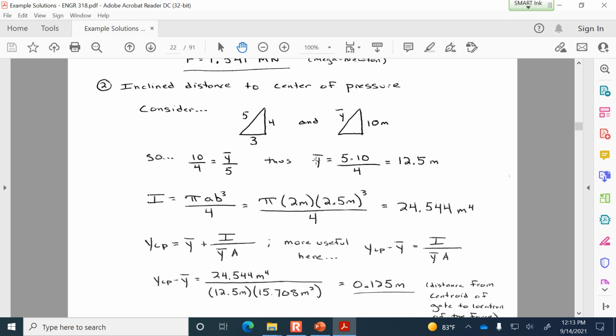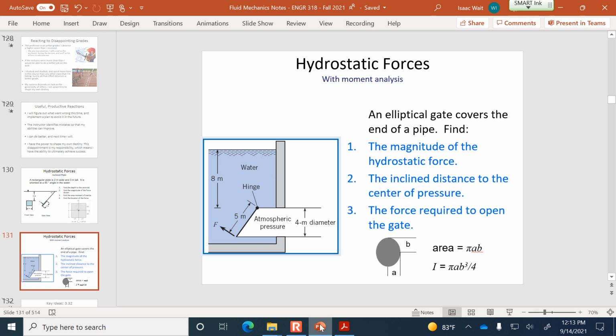Okay, and this is one of those instances where it's useful to rearrange the equation for YCP and just find the gap distance, because the moment analysis is going to be done about this hinge. And so if you can find how much further below the center point the force is located, it just makes more sense to use the hinge as the reference for measuring distances rather than the water surface.